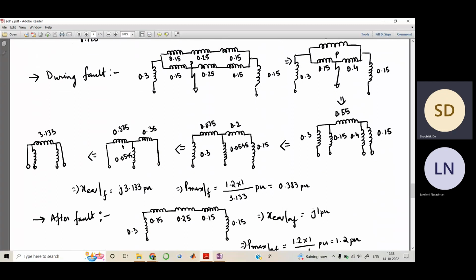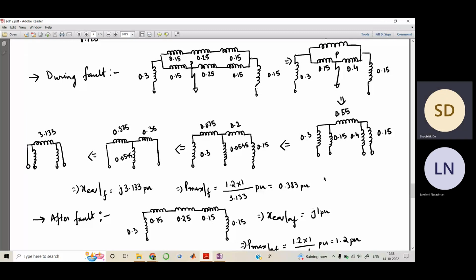The star-to-delta value of this and this is 3.133 per unit, and we are not interested in the impedance or reactance value of these lines, because my power will basically flow from here to here. Hence my equivalent reactance becomes 3.133 per unit, and my Pmax during fault becomes 0.383 per unit.